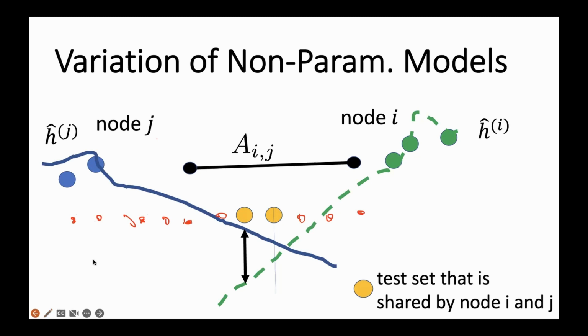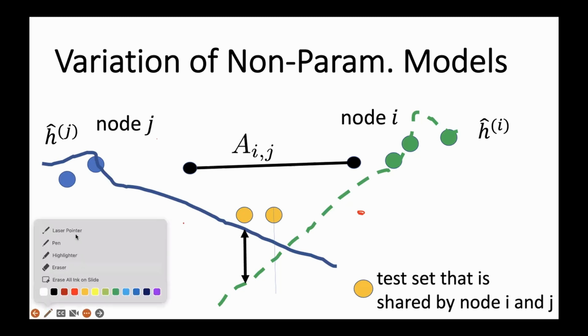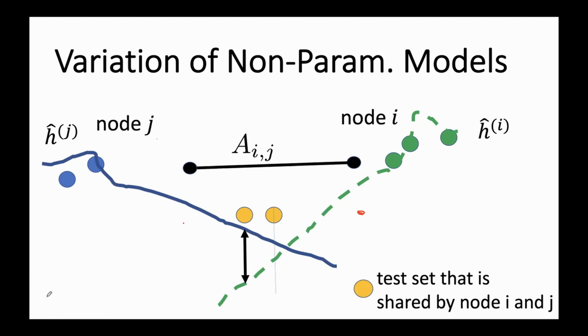So we want a local model that fits the local data well. Let's use the blue one. If we have blue data points, let's use a blue model. Why not? So we could train a local model here that looks like this.